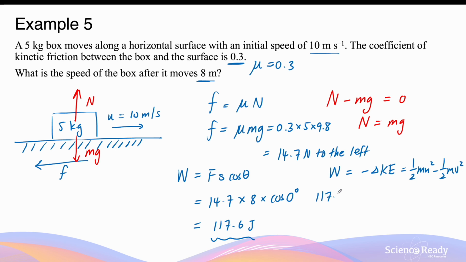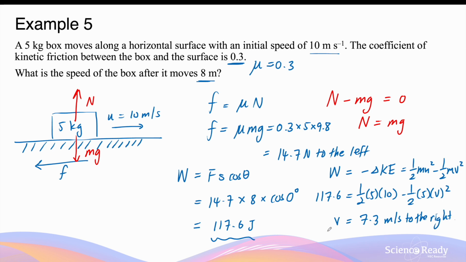So 117.6 is equal to half times 5 times the initial velocity, which is 10 meters per second, minus half 5 kilograms times v squared, which is what we're trying to find. This gives a final velocity of 7.3 meters per second to the right.